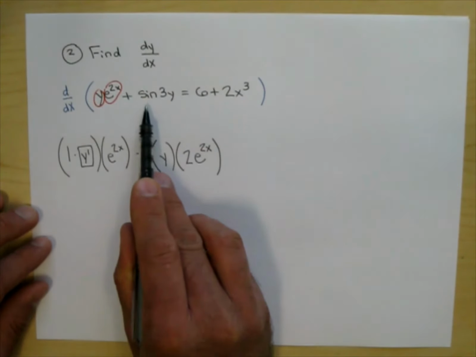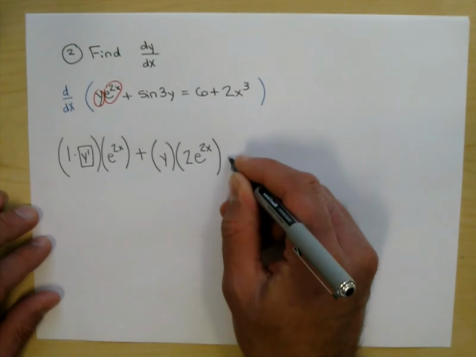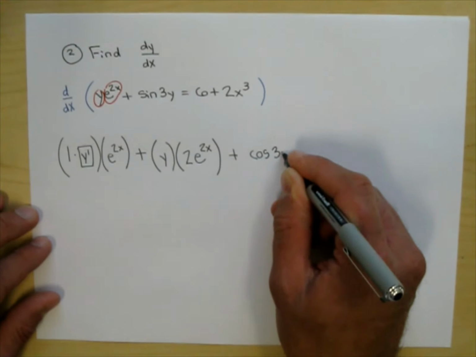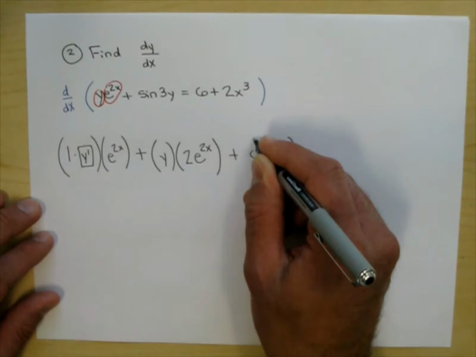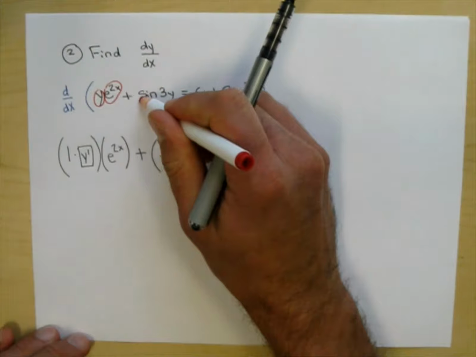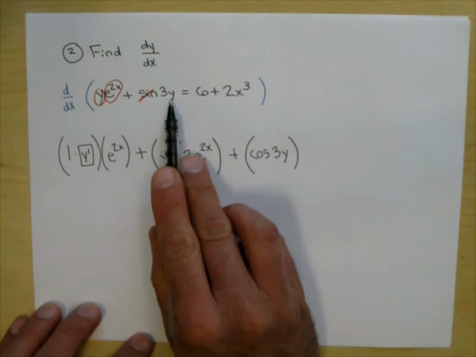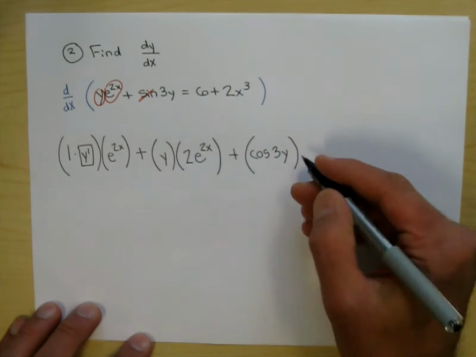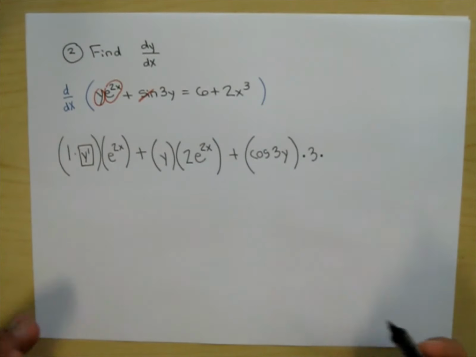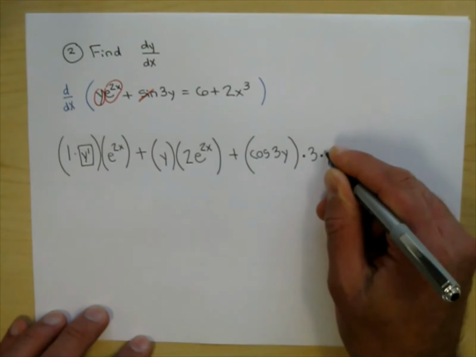Now we're going to take the derivative of sine 3y. The derivative of sine of something is the cosine of that something. So I'm doing a chain rule here. That gets rid of the sine. Now I'm taking the derivative of 3y. What's the derivative of 3y? Well, it is 3. That takes care of the 3, and now because I took the derivative of something with a y in it, I'm going to put a little marker, y prime.